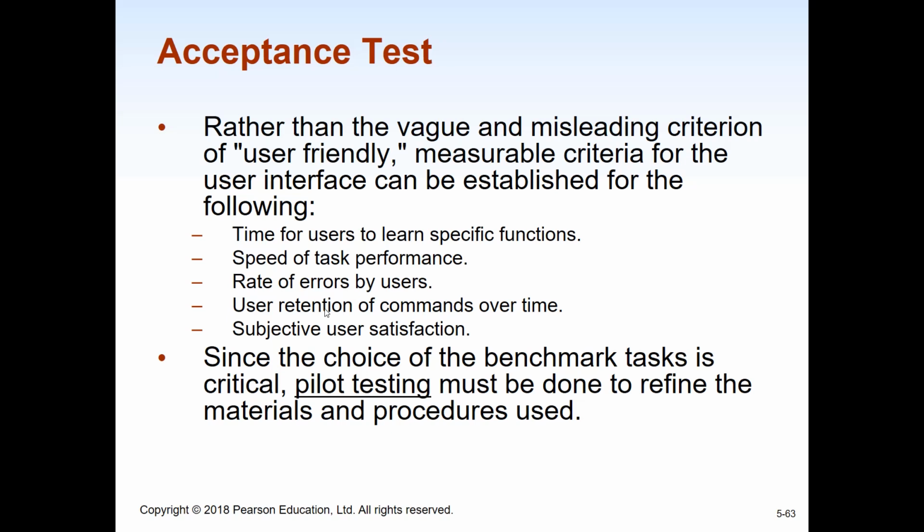Has he retained the commands of it over time or not? Or no, he needs to read about it or to learn from the beginning how to do it. And the fifth criterion here is subjective user satisfaction.